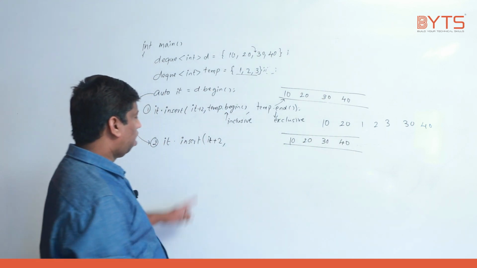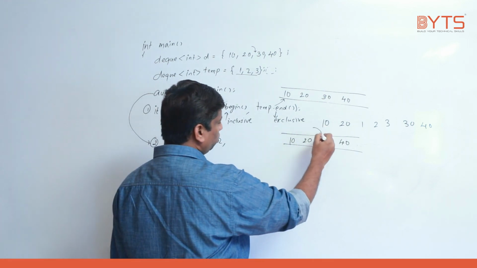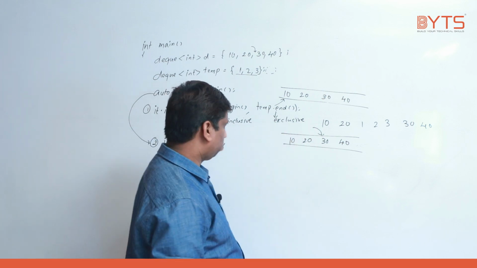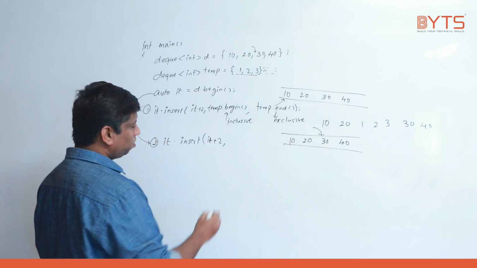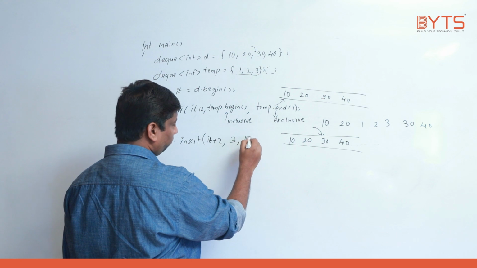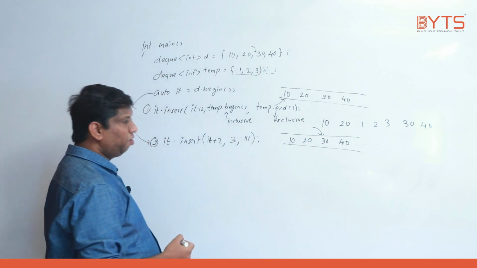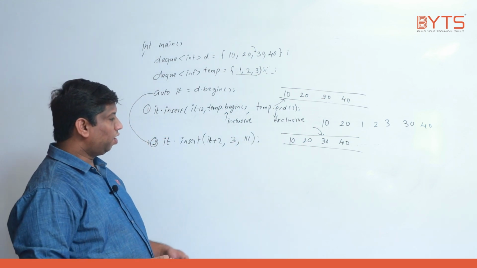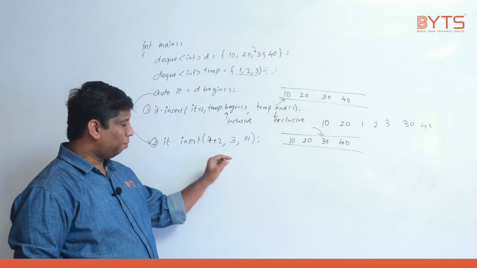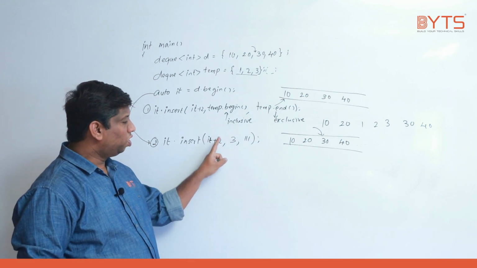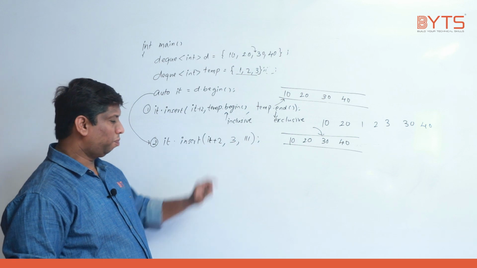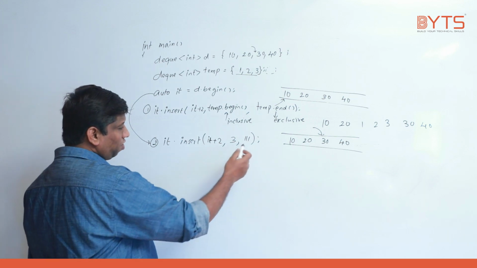It plus 2 means currently I am standing at this location: 0, 1, 2. Next I will write 3, 111. The meaning of this statement is we are filling it plus 2 with 111, 3 times.